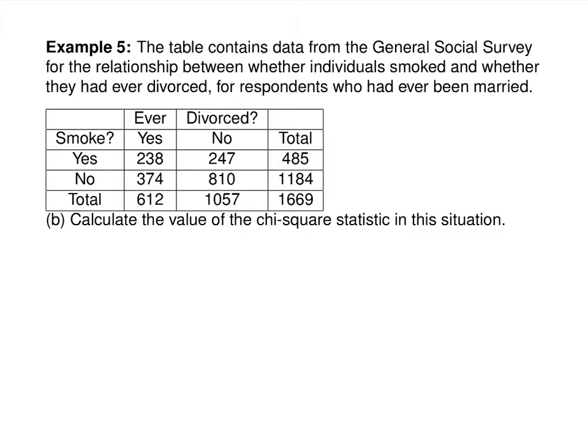Okay. So calculate the value of the chi-square statistic. So this involves a lot of things, right? First, you've got to find those expected values. So here we go. First thing, get them expected values. The thing about math class is you can English badly and it's okay.